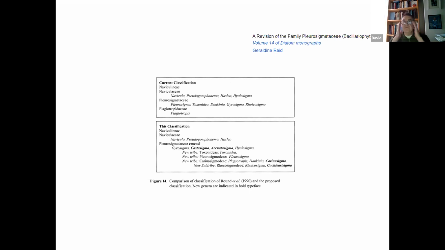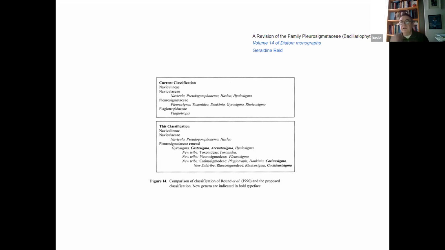The first is from Geraldine Reed, who was at the museum for some while. She and I talked about her work on the Pluricinae at some length, and we discussed among ourselves what kind of classification you would have, and she settled on the one at the bottom there. Notice that she has 3 new tribes and a sub-tribe she's added in there.